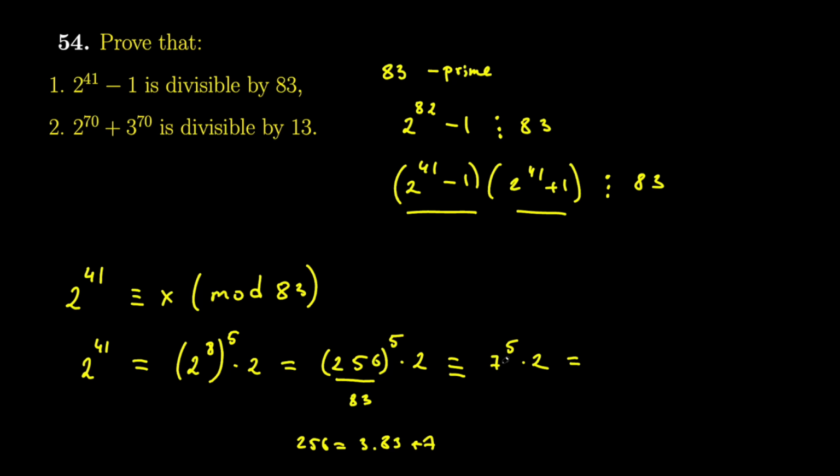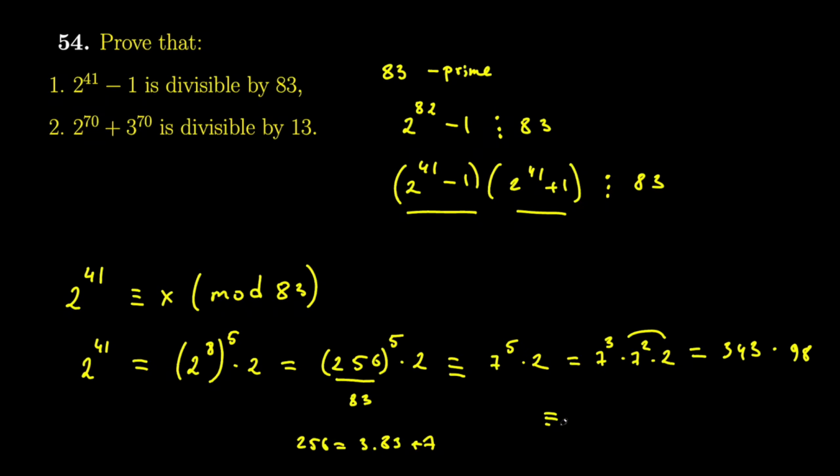Then let's split this into 7 cubed times 7 squared times 2. That is 343 multiplied by 49 times 2, which is 98.